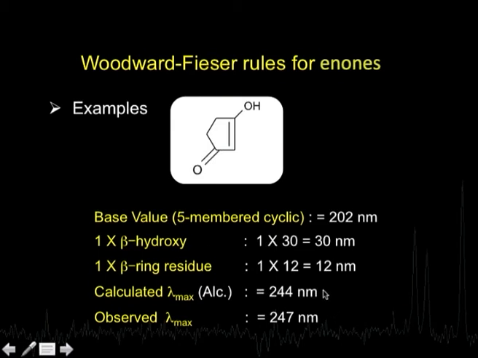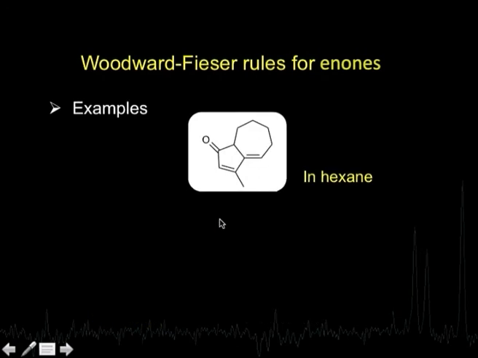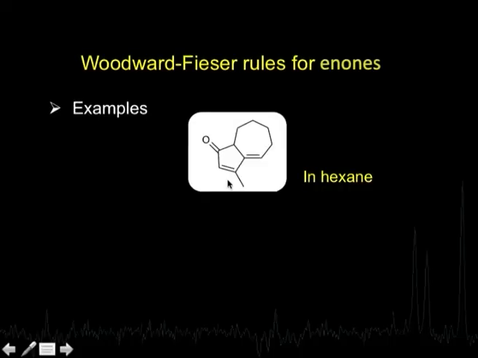Okay, now let's move further and look at one more molecule here. I am trying to give you a variety of molecules so that we can understand how to use these rules. In this case, we have this molecule, and we want to predict, that is, calculate the lambda max for it, but I want to do it in hexane as the solvent system. How do we go about it?